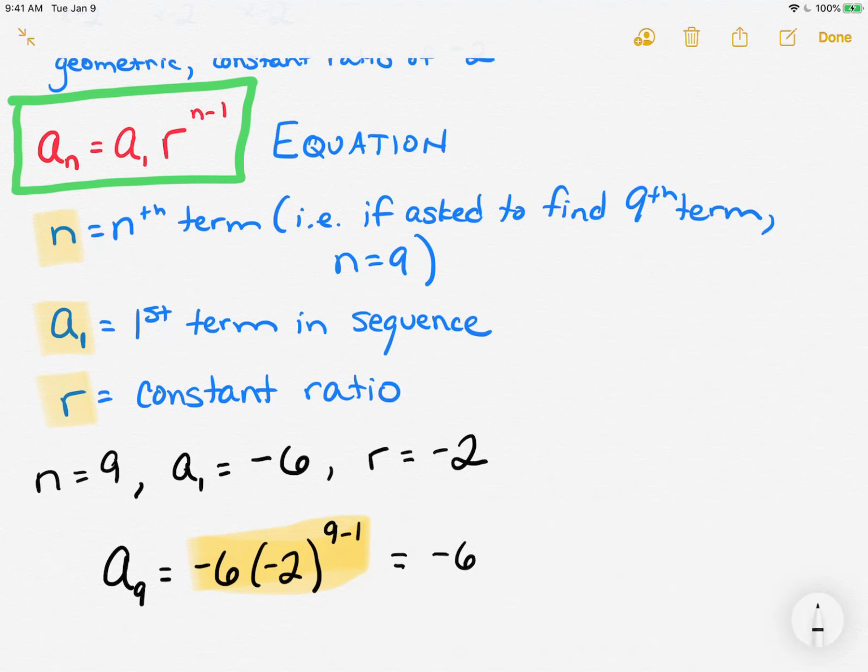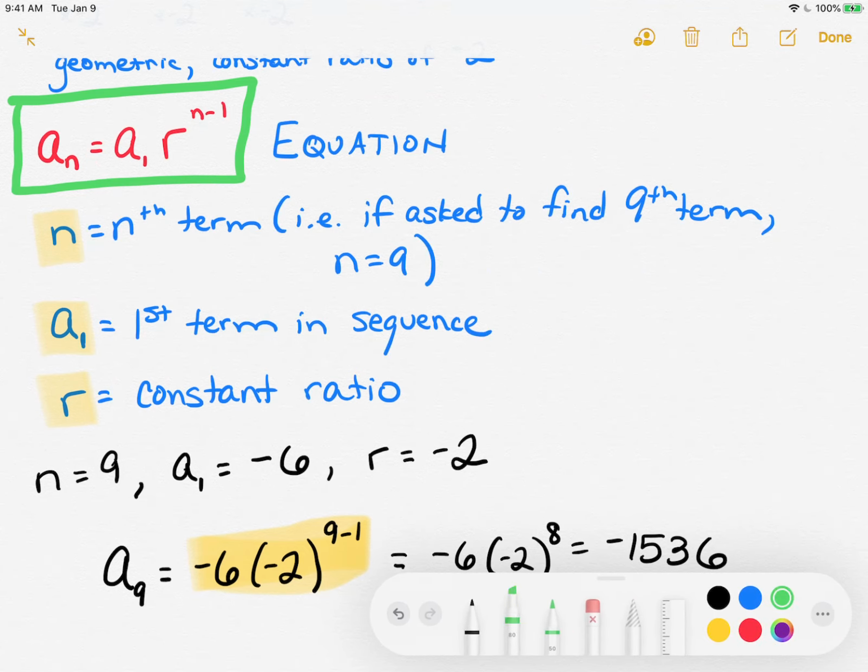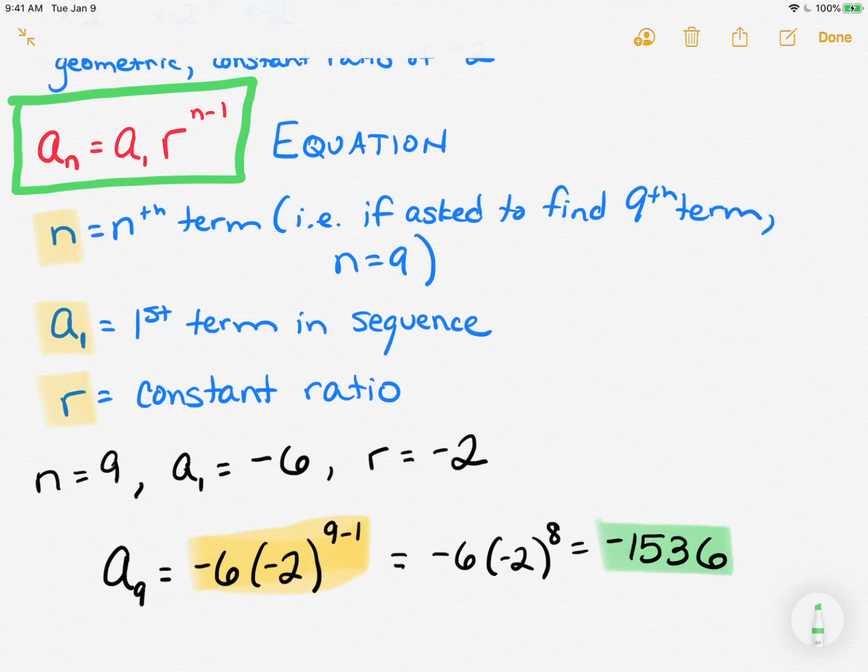Absolutely. Maddie got negative 1536. Can I get somebody to verify that Maddie's answer is correct? It looks correct on the calculator, but somebody else do it just to make sure. What she got, what I highlighted right there, negative 1536. Yeah. She got it right. Christian got that. Peyton got... No, wait, actually, no. It is 1536.